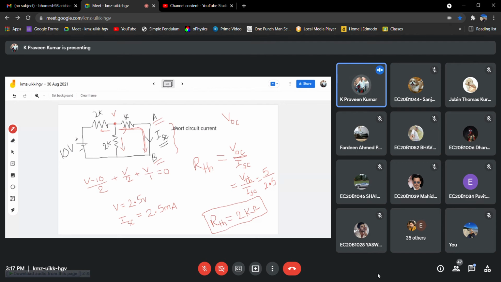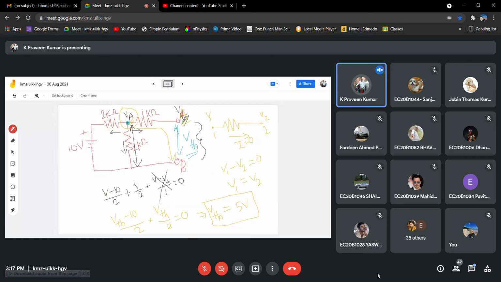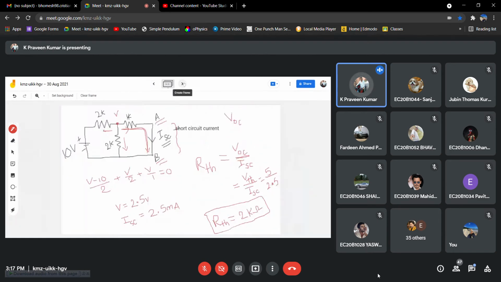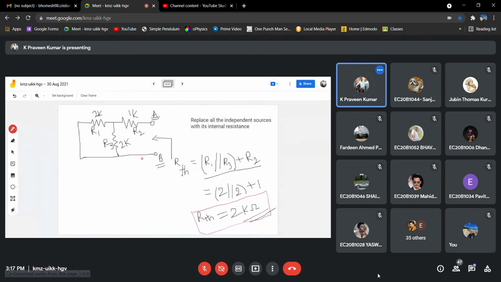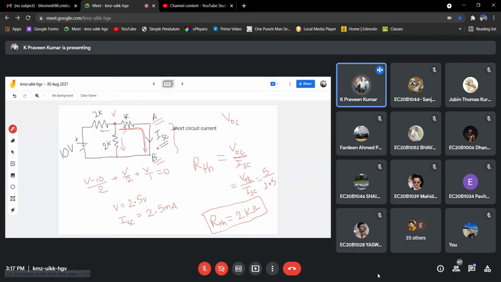So in both the cases, this is 2 kilo ohms. So you can use any technique, that's your wish. So VTH is the same, open circuit voltage. But for calculating the Thevenin resistance, either you can follow this first technique, calculating the equivalent resistance in the network, or otherwise calculate short circuit current and take the ratio of Thevenin voltage to the short circuit current. So that is the Thevenin resistance 2 kilo ohms, right?